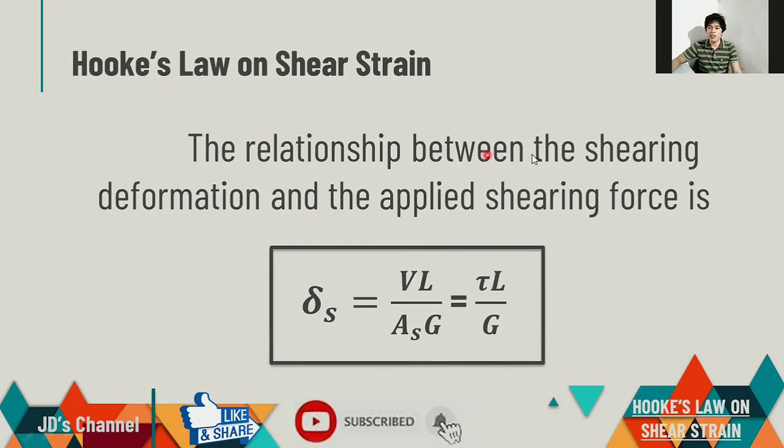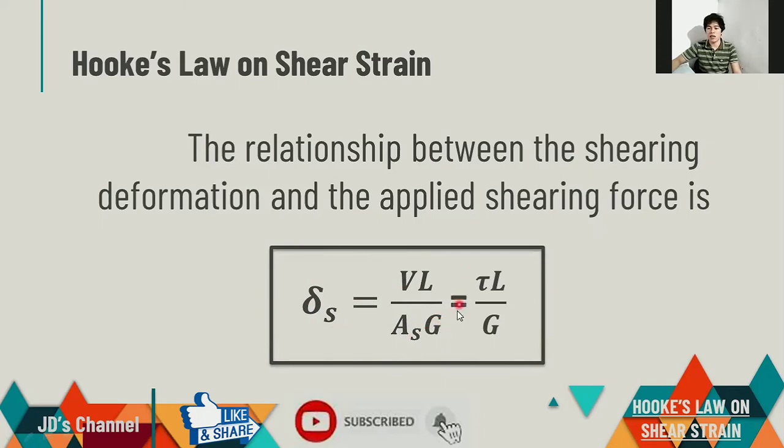And then the relationship between the shearing deformation and the applied shearing force: delta S equals V L over A sub S G, where V is the shearing force, L is the length, A sub S is the cross-sectional area in shear, and G is the modulus of elasticity in shear, or shear modulus.